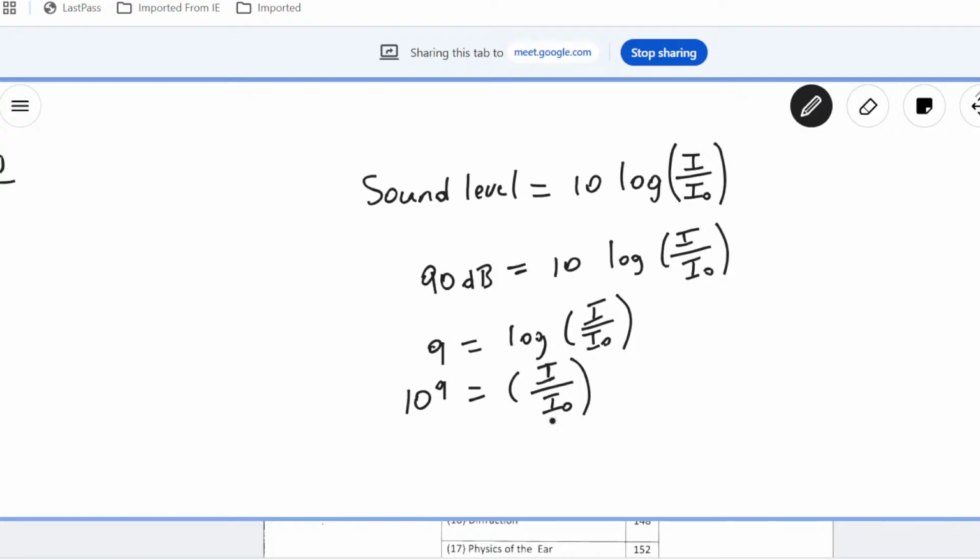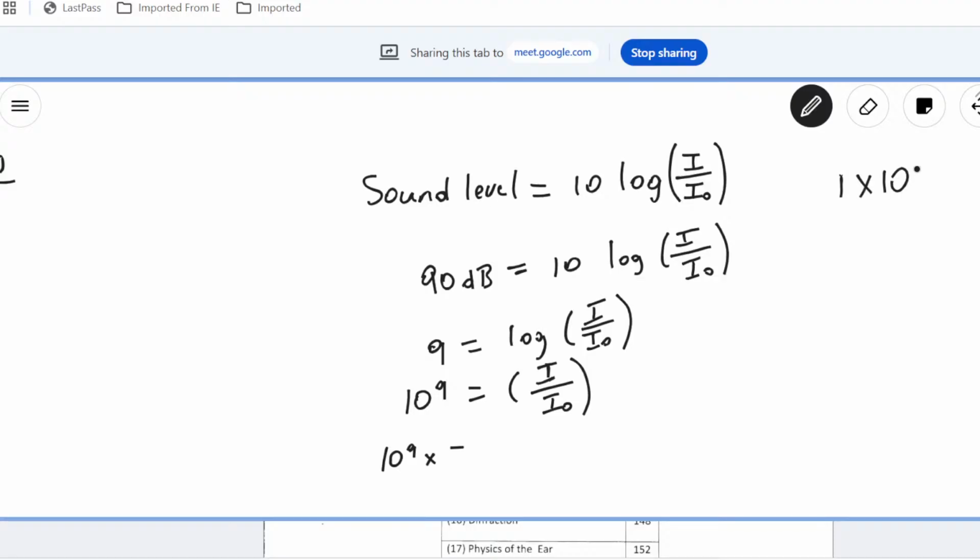Remember they asked you what I naught was. What does I naught represent? Threshold of hearing. The threshold of hearing.